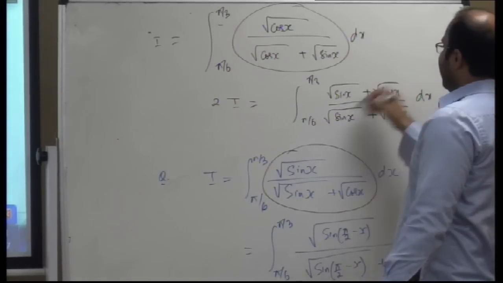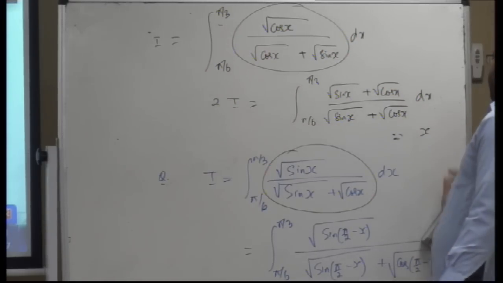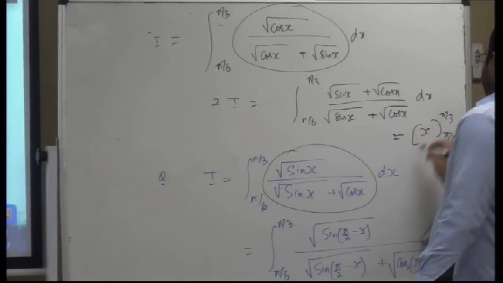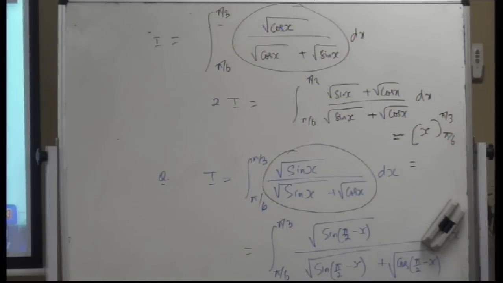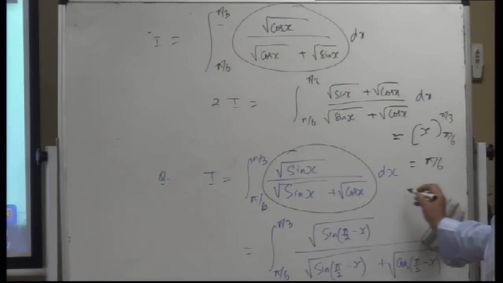And these both will get cancelled. You will get x, and the limit is actually pi by 6 to pi by 3. And pi by 3 minus pi by 6 is actually pi by 6. So 2I is actually pi by 6, which means I equal to pi by 12.